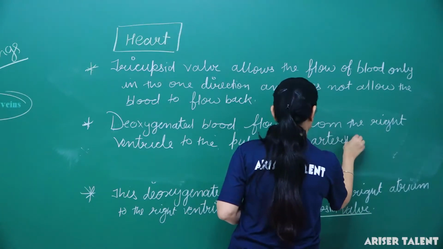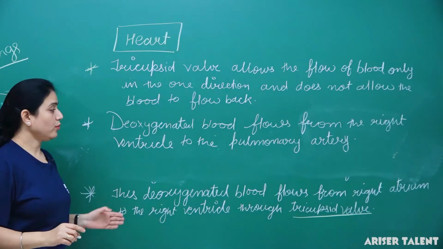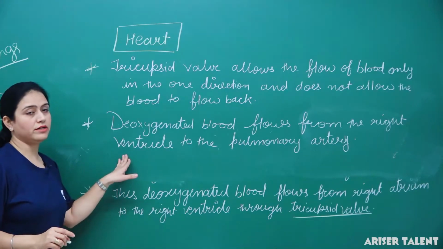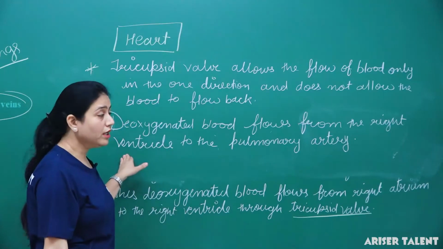Okay, so make a point that the pulmonary artery arises from the right ventricle only. So thus deoxygenated blood flows from the right ventricle to the pulmonary artery.